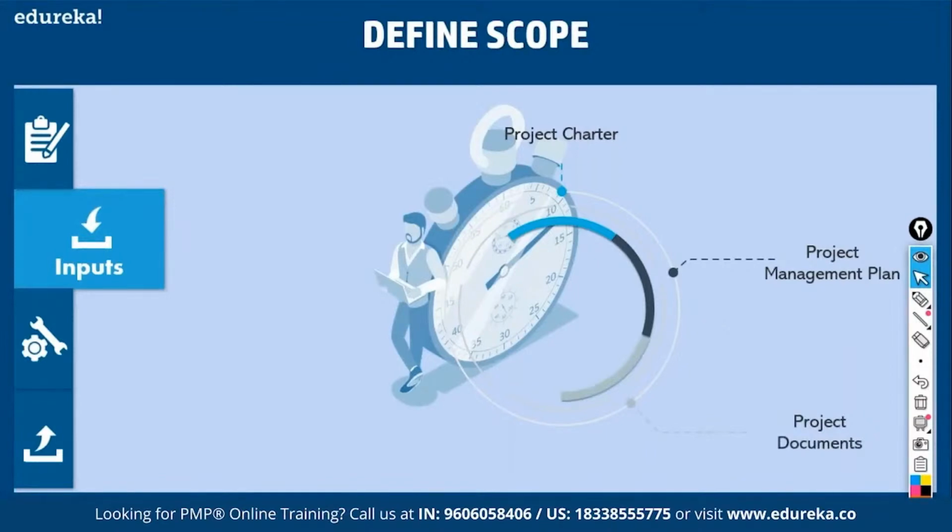Then project documents, whatever project documents are inputs here. There is a document called the assumptions log. This assumptions log contains two things. Number one, constraints. What are constraints? Constraints are limiting factors. You cannot ignore them. For example, budget is a constraint. Schedule is a constraint.